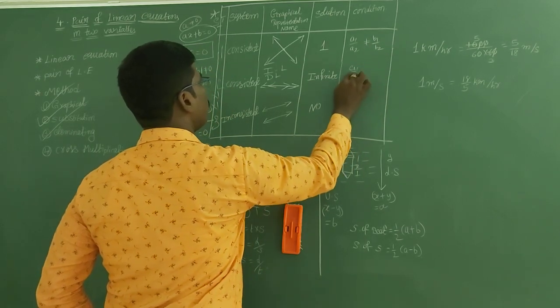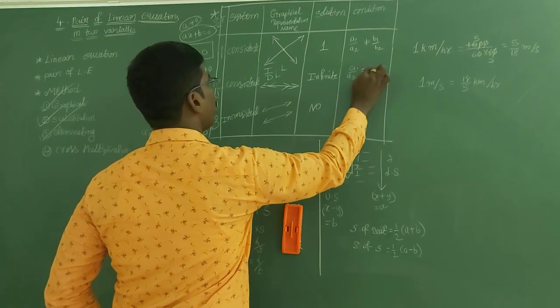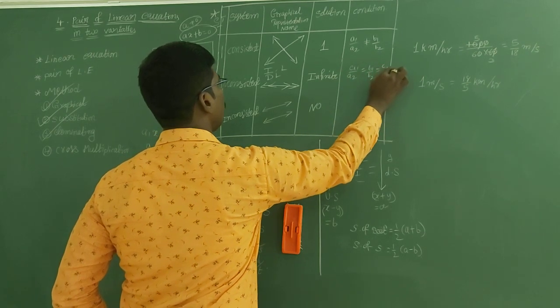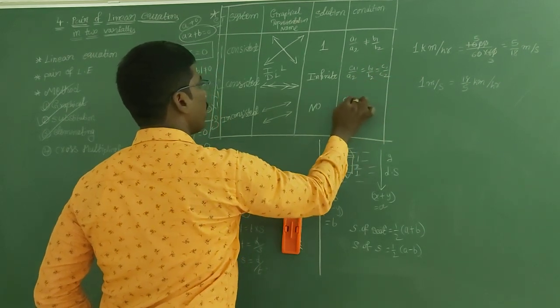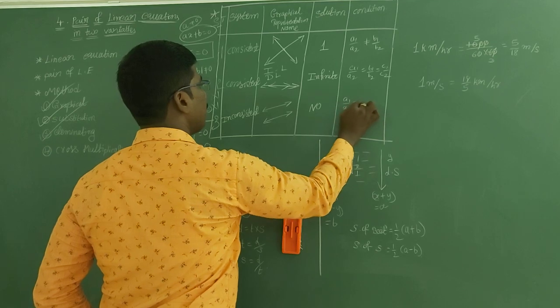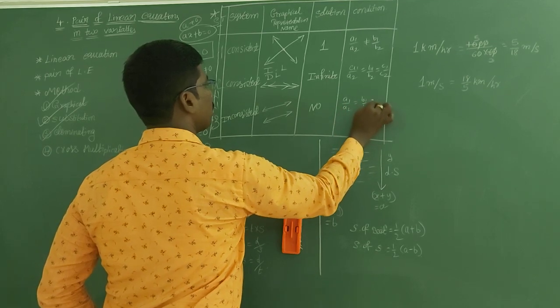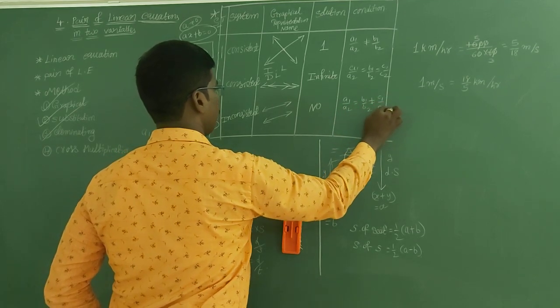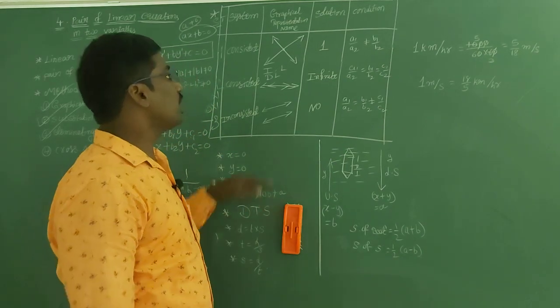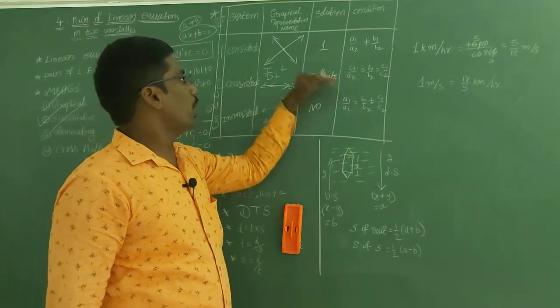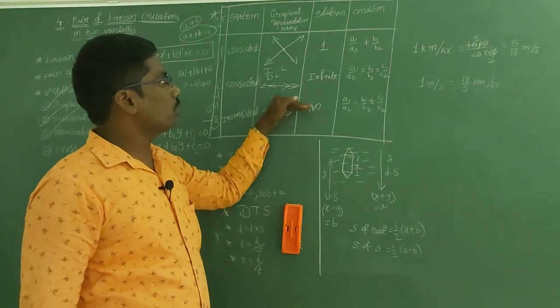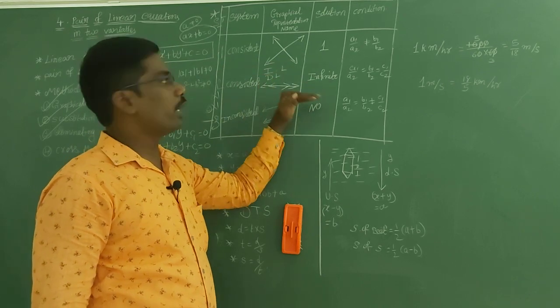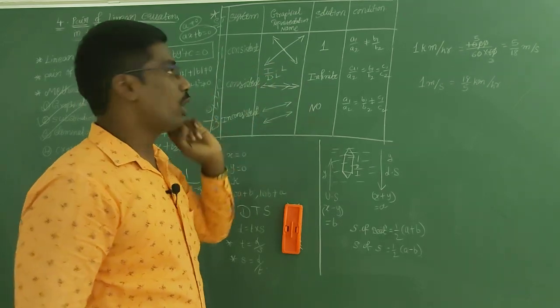Here a1 by a2 is equal to b1 by b2 is equal to c1 by c2. Here a1 by a2 is equal to b1 by b2 is not equal to c1 by c2. So these are the three important formulas, three important diagrams, three important solutions. If you remember this, definitely you will get 1 mark from this.